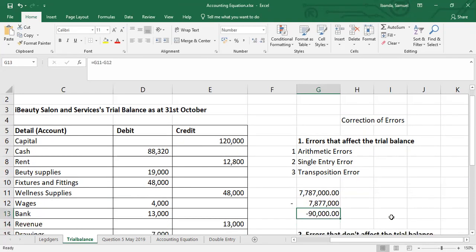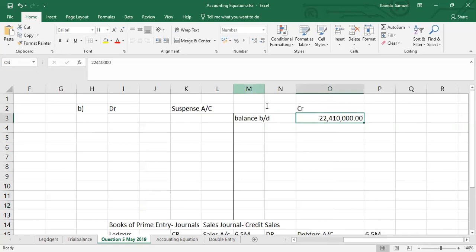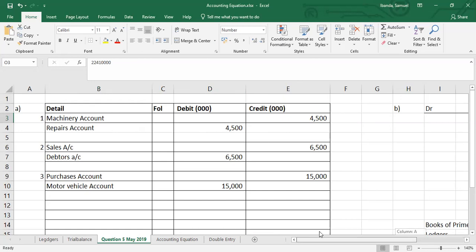So it means that we recorded less by 90,000. So when you come to your question here, this error affects the trial balance, and that means that it is part of this value that was put in the suspense account.